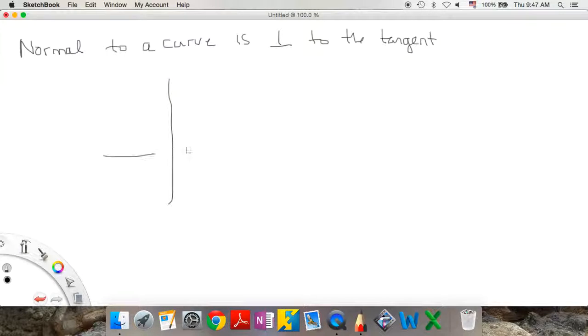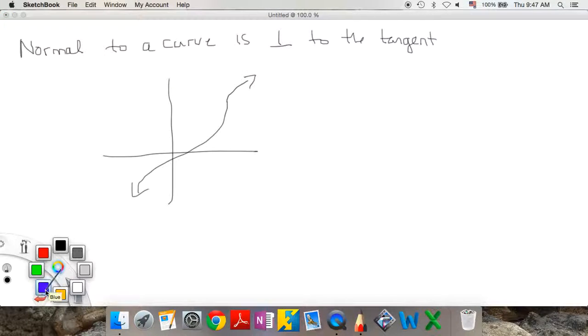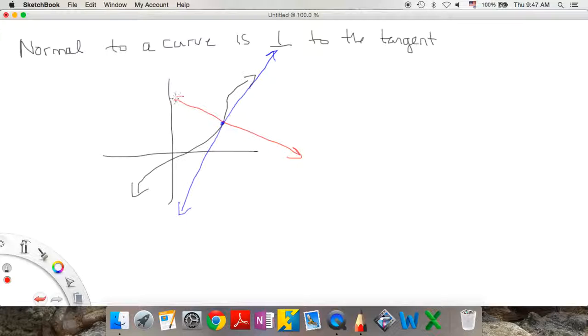So if we have a function, say it just goes like this, and we have a tangent line, let's say right here, our tangent at this point here, then our normal would be right here because it's perpendicular to that tangent line.